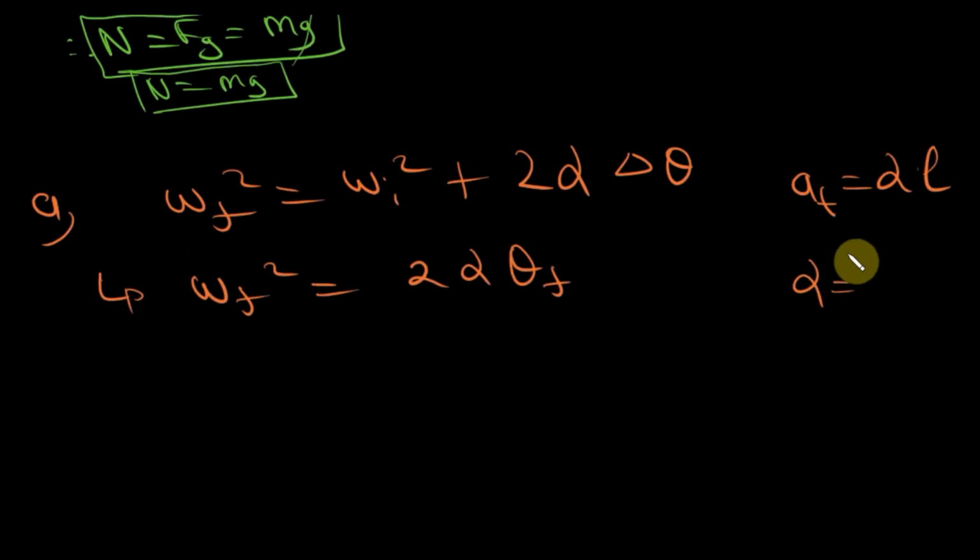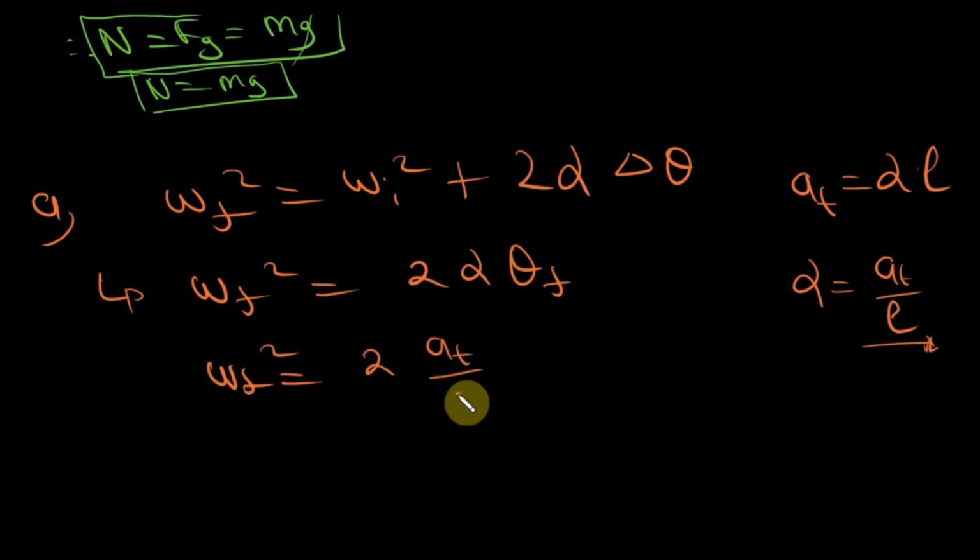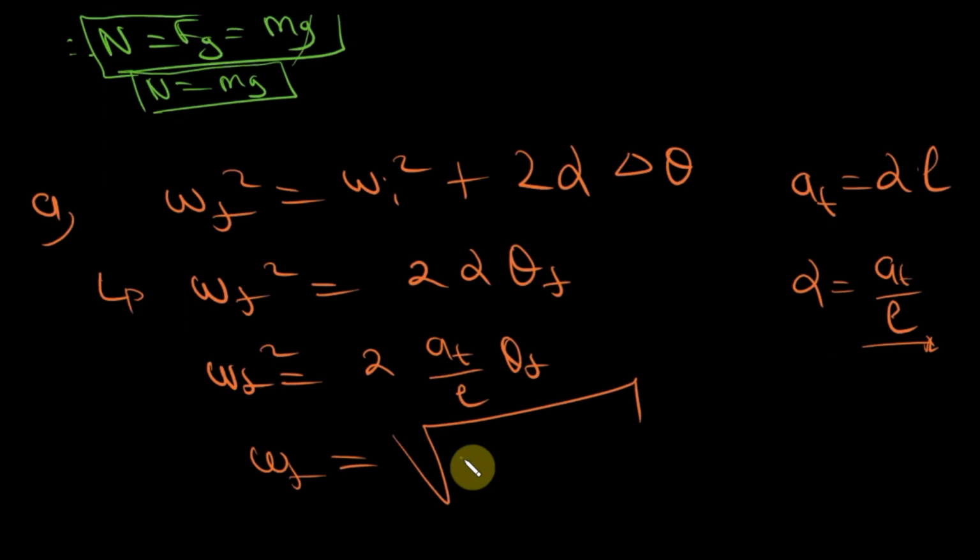From here, you can actually write angular acceleration in terms of tangential acceleration over L. So this equation can still further be written as AT over L. So the final angular velocity equals the square root of 2 AT over length multiplied by that guy.